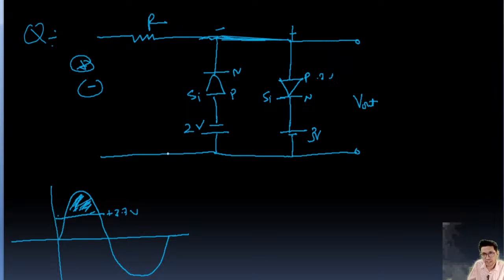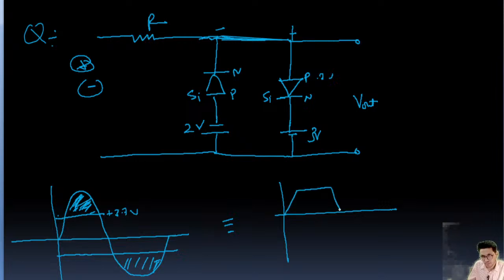This is minus 2.7 volt, so the minus 2.7 volt part will get cancelled. So the output graph is going to be like this. This is 3.7 volt, and this is going to be 2.7 volt. This will be the graph, guys.